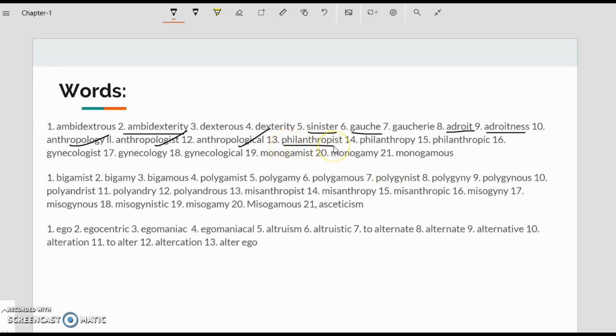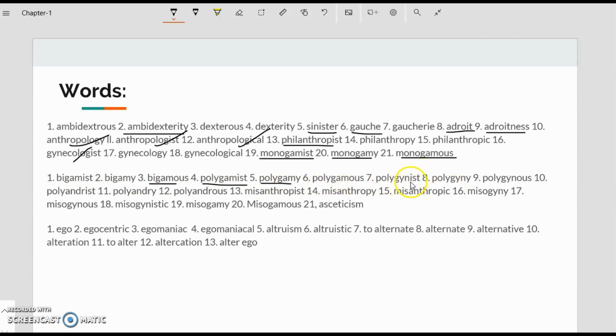Philanthropist. Philanthropist means love towards mankind. Philanthropy, philanthropic. Gynecologist. Gynecologist means a doctor working with female ailments. Gynecology, gynecological. Monogamous. Single marriage, monogamy, monogamous. Bigamous. Dual marriage, bigamous. Polygamous. Multiple marriage, polygamy. Polygamous.